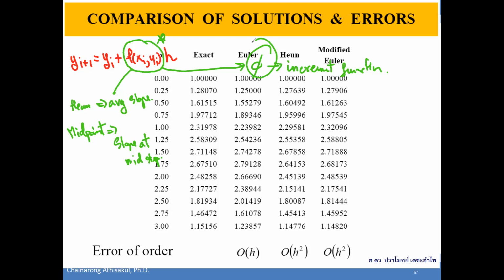We will increase the terms to adjust the increment function to be a special function that makes the solution very close to the exact solution. We will return to this again next time. So that should be enough for today.